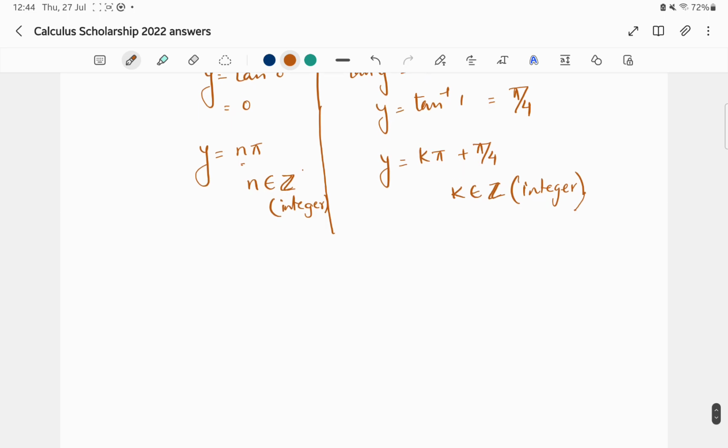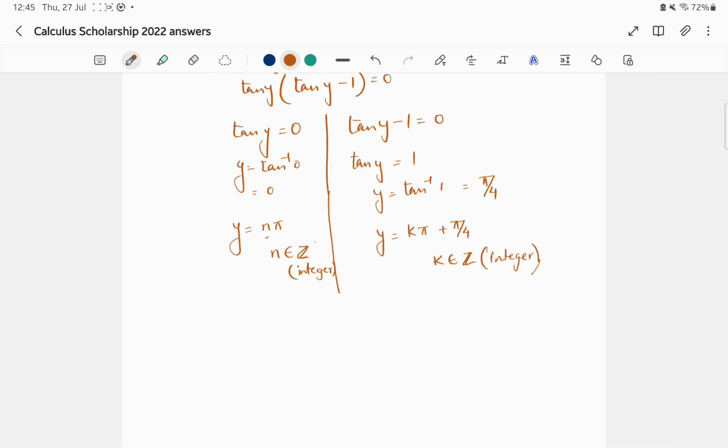Right, now that we have got the y values, we need to find the x values as well. So let's find the x values for both. We know that x was pi over 4 minus y. At the start, we started with that. All right, so here, if we have y as n pi, x is going to be pi over 4 minus n pi. Okay, and in this case here, x is again pi over 4 minus y.